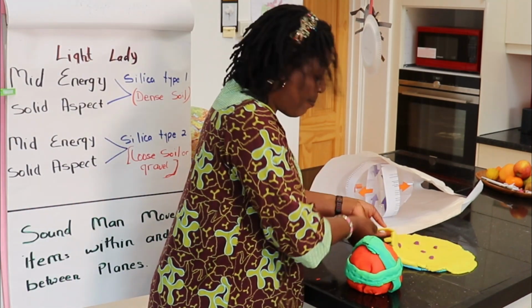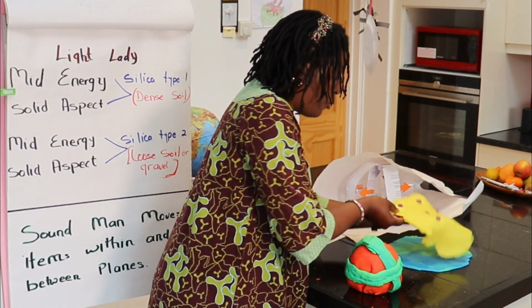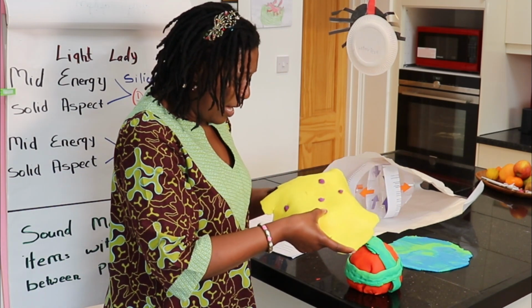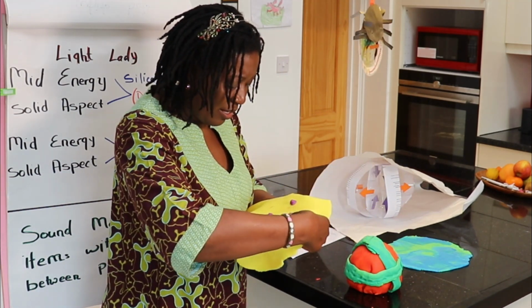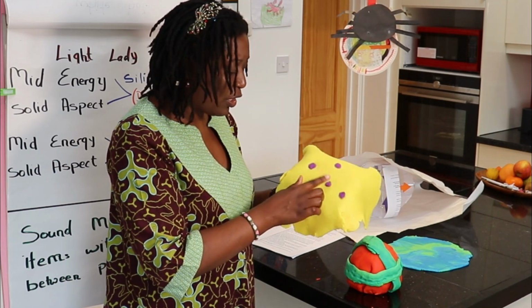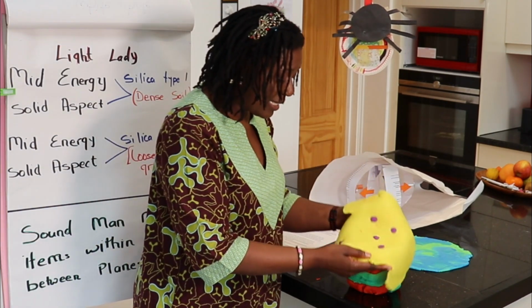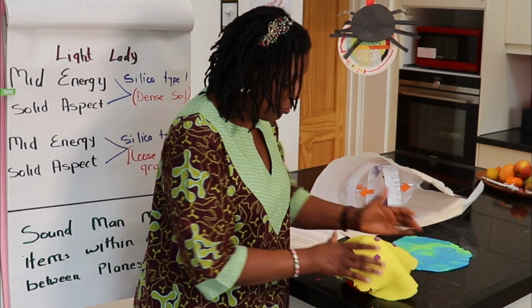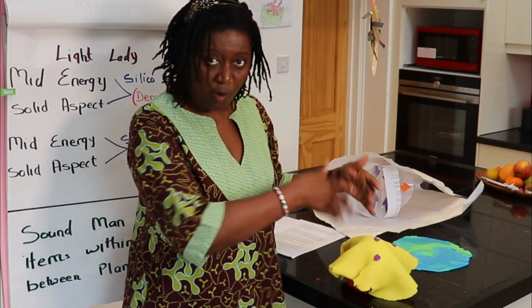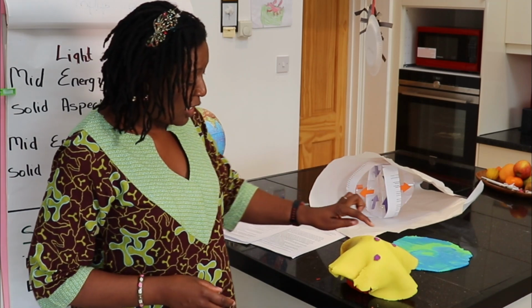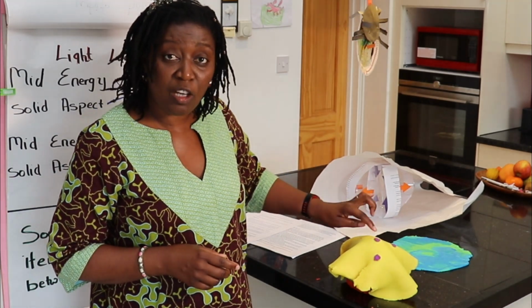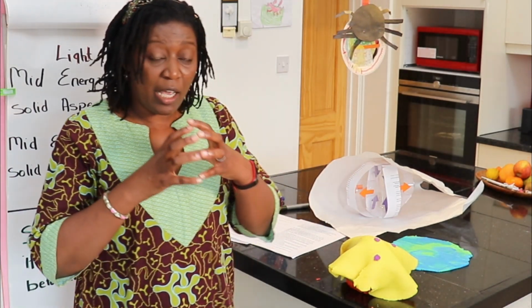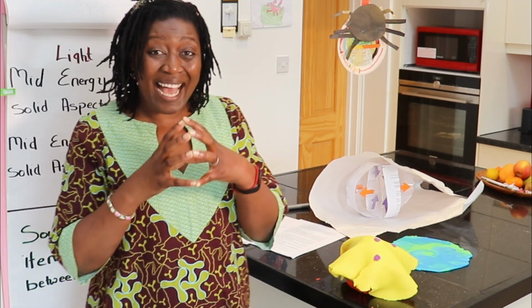I'm going to represent that by this yellow set of Play-Doh with these purple dots. And actually this dense silica, I'm not going to fit it all around, because I want to be able to talk about this again later. This purple dot is actually pockets of gas.